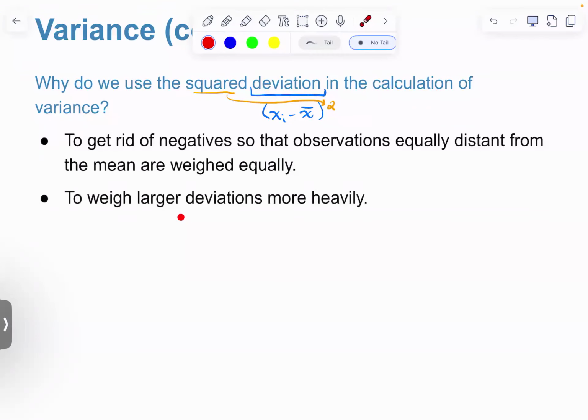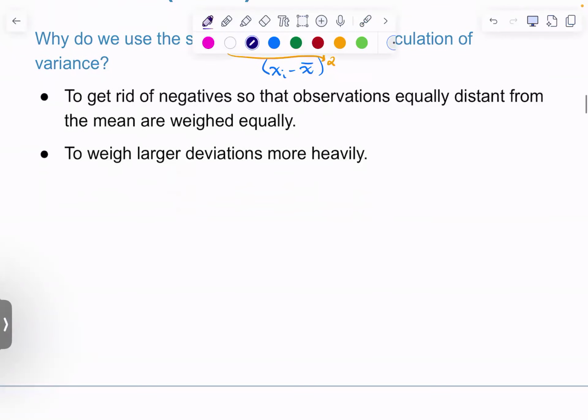But also, what the squaring does is it weighs larger deviations more heavily. To illustrate, it's not super important, but you might remember y equals x squared looks like this, a parabola.